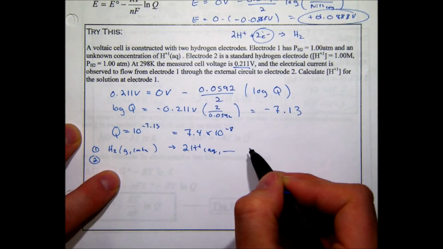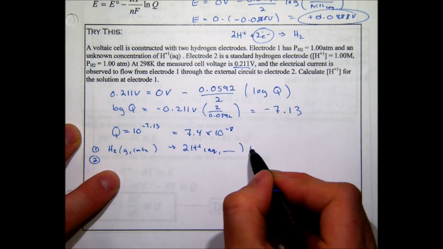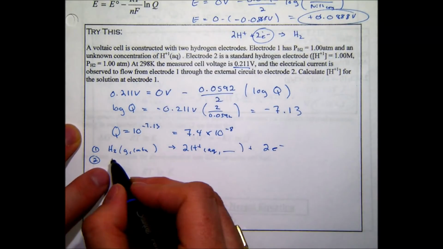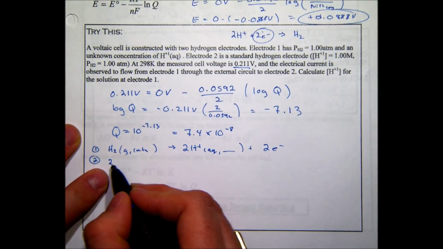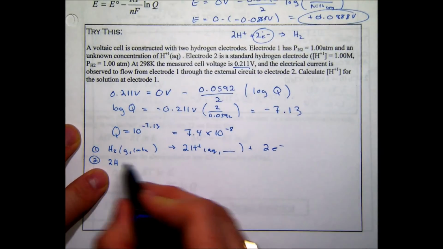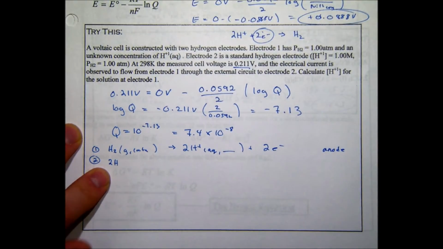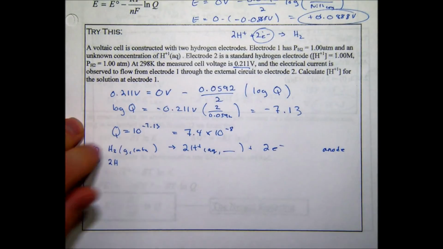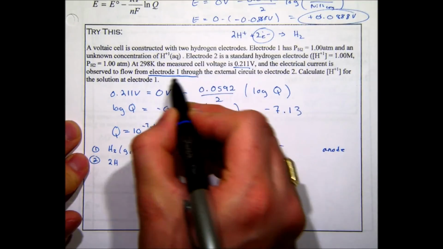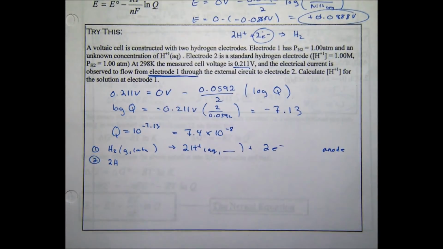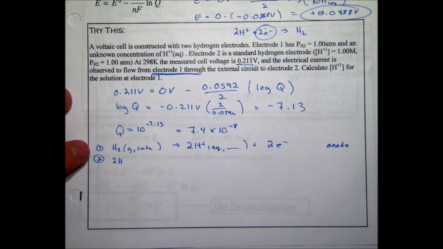We don't know the concentration. Plus 2 electrons. At the other one we have, oxidation taking place. This is the anode, so we have current flowing from electrode 1. So you can see how I know that is happening. It's flowing from the anode, so I know that electrode 1 is the anode.